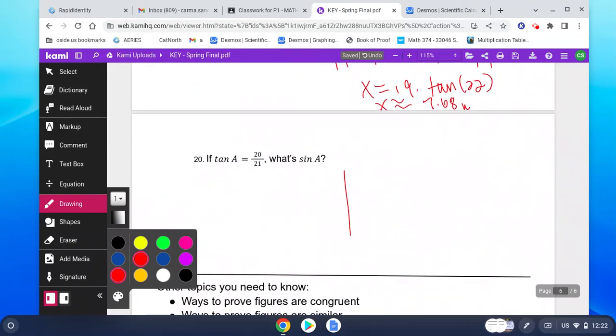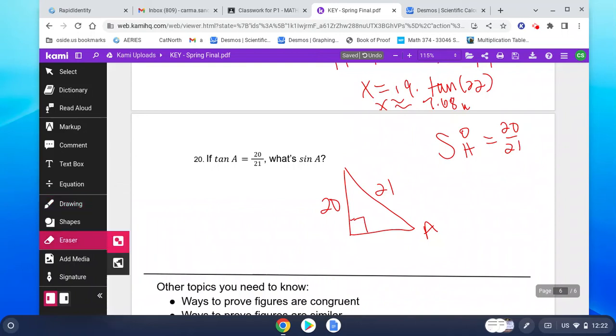And this one is having you do an actual picture to visualize, where if they tell you that the sine of A is 20 over 21, then you know that the opposite is 20 and the hypotenuse is 21.